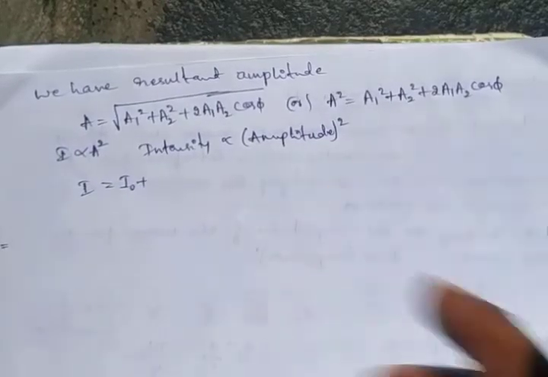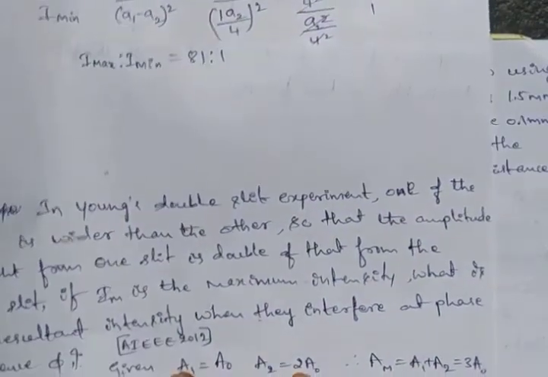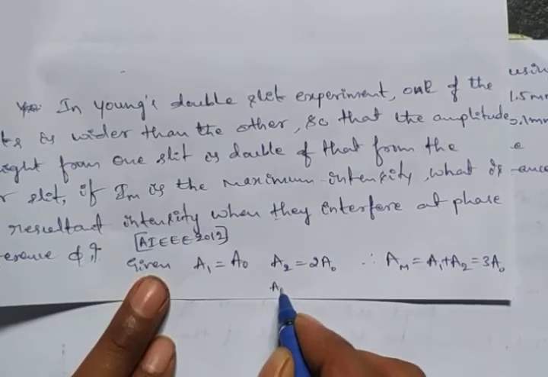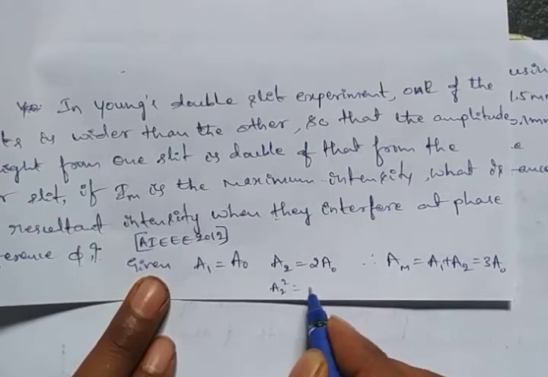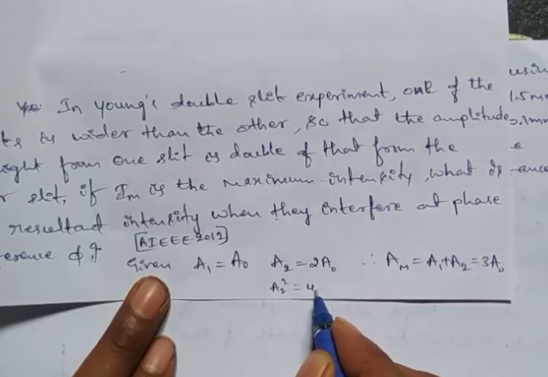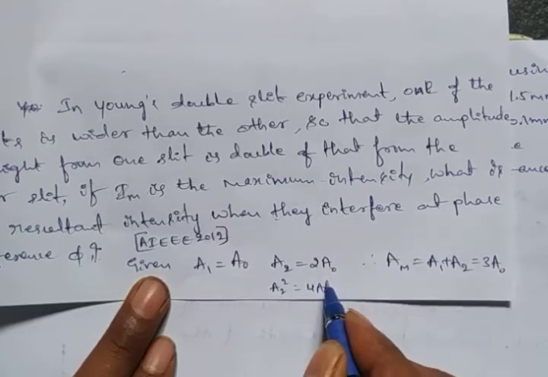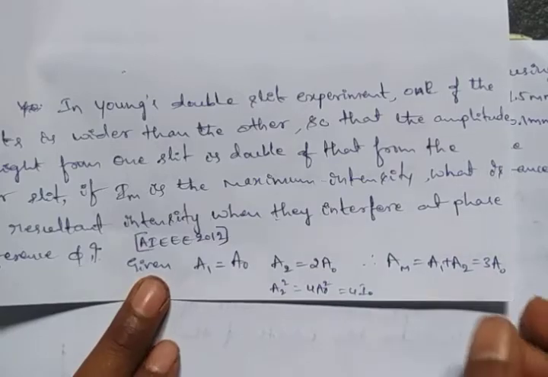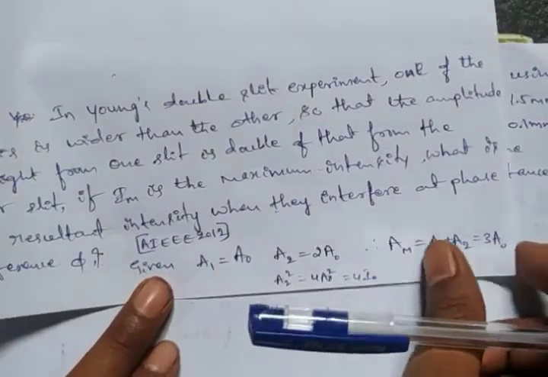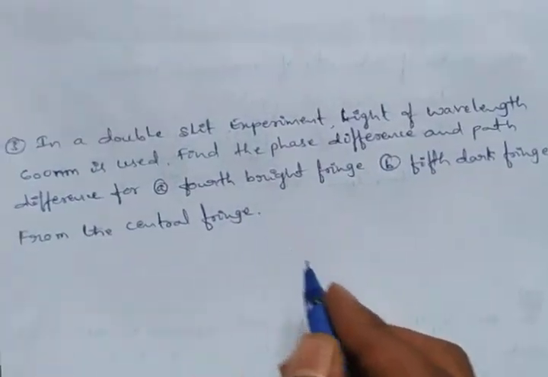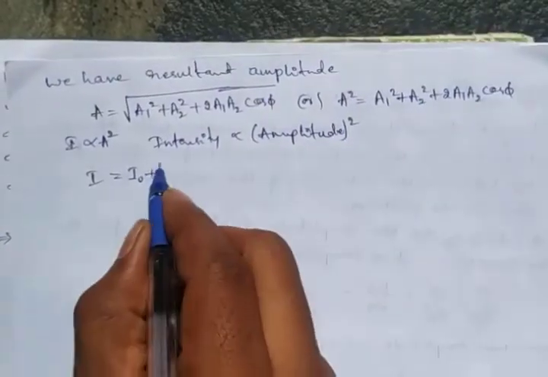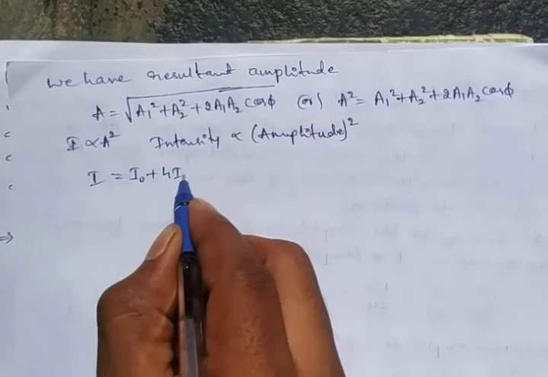We know A2 is 2A0. A2 square is 2A0 whole square, which means 4A0 square, and that is 4I0. So A2 square is nothing but 4I0.